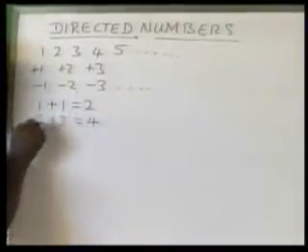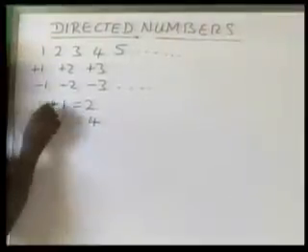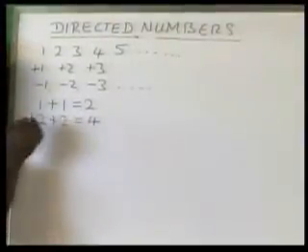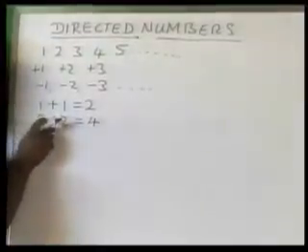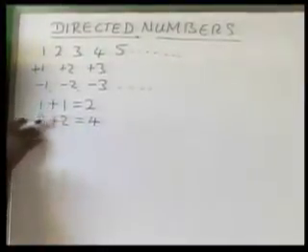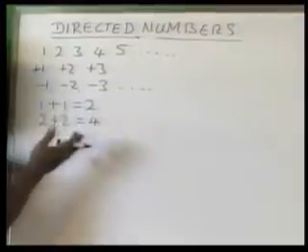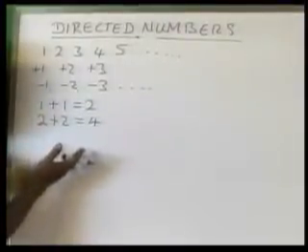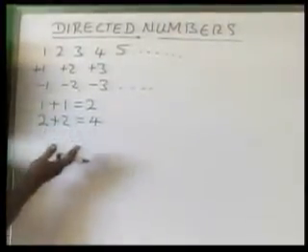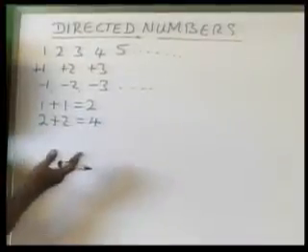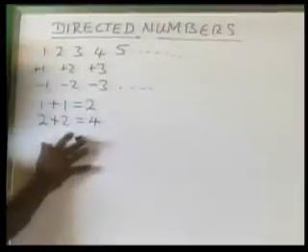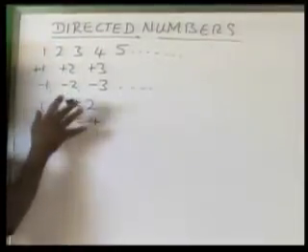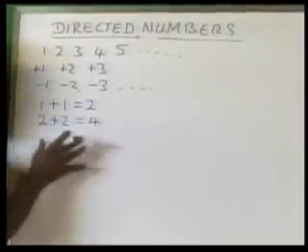But when these numbers become negative, and we want to carry out addition or subtraction as the case may be, then many people become confused. That is what we really want to attend to, because these are what we address under directed numbers.